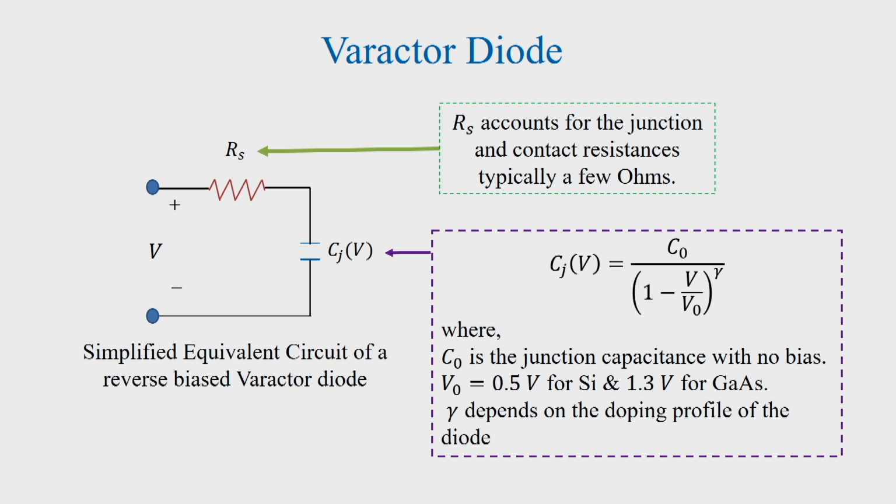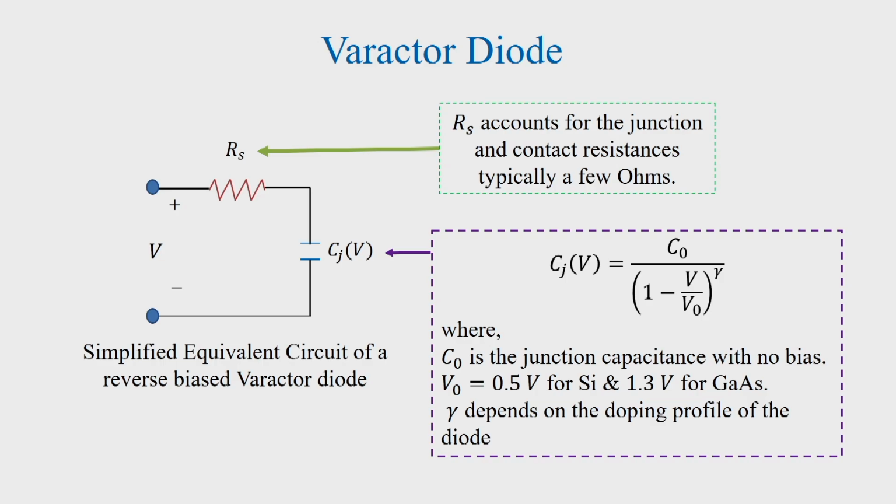So, when we do not apply any reverse bias, the capacitance offered by the diode is denoted by C naught, and V naught is 0.5 volt for silicon and 1.5 volt for gallium arsenide.